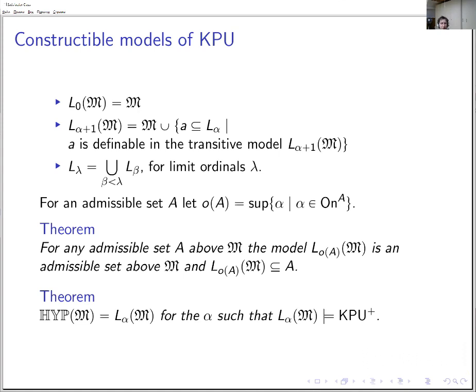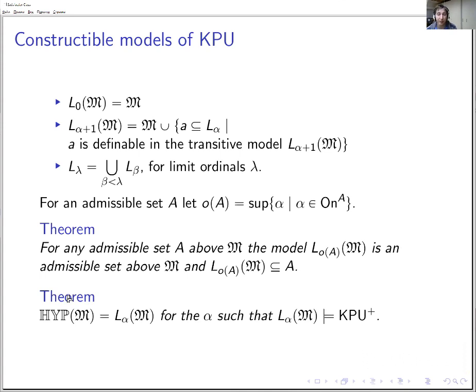Let, for an admissible set A, O A be the order type of ordinals in this admissible set, or basically the supremum of all ordinals that are elements of the set. Now, it's possible to formalize the theory of constructible sets inside Kripke-Platek set theory.